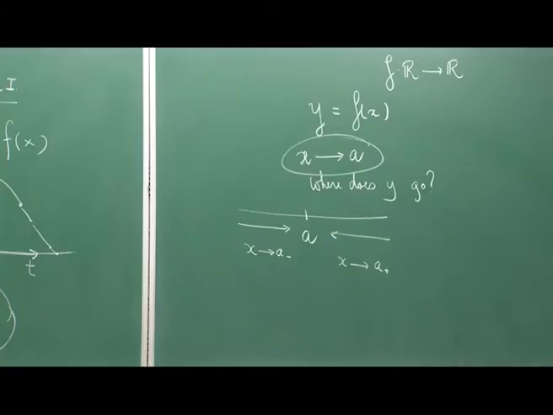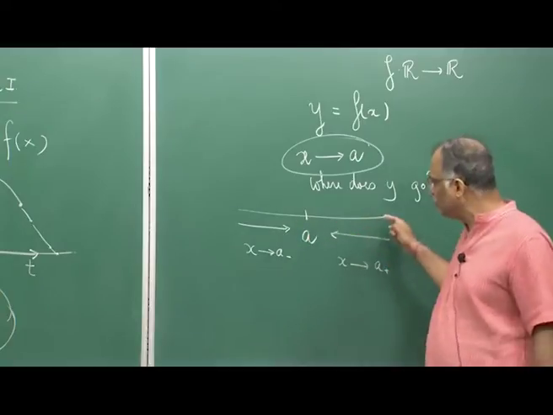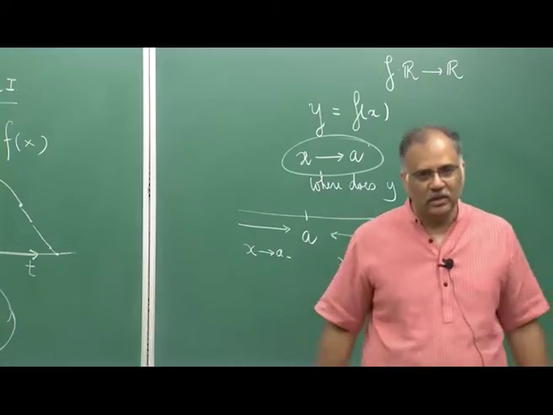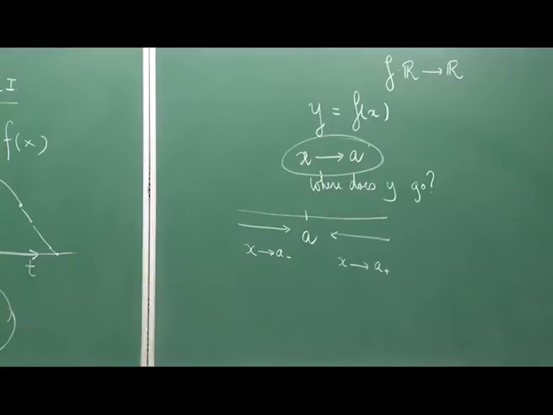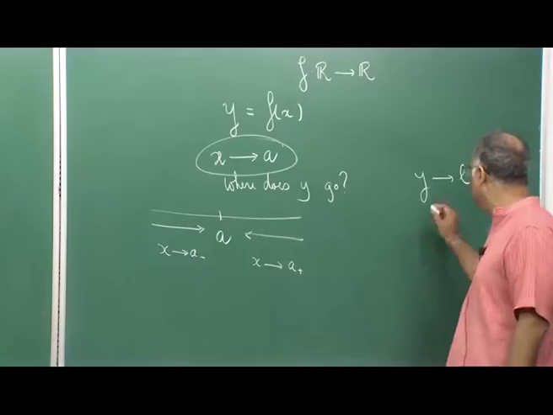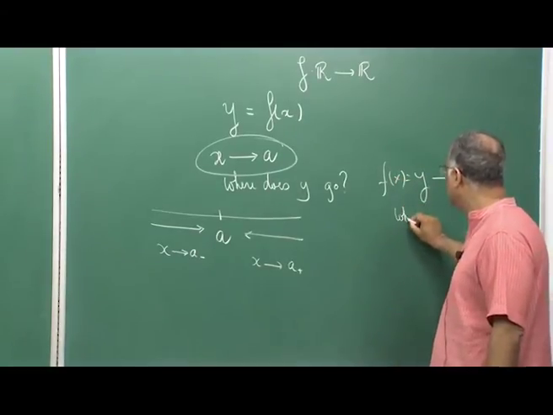Now, what do I mean by where does y go? I mean that if I make x approach from either this side or that side, what is the value of y? Where is the value of y going? We say that the y value goes to a particular value L, or the function value goes to L, when x goes to a.